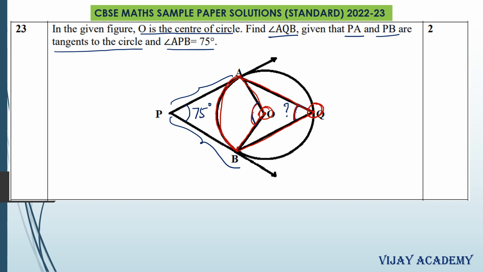So now we have a relation between AOB and AQB. You have learned this in the 9th standard.